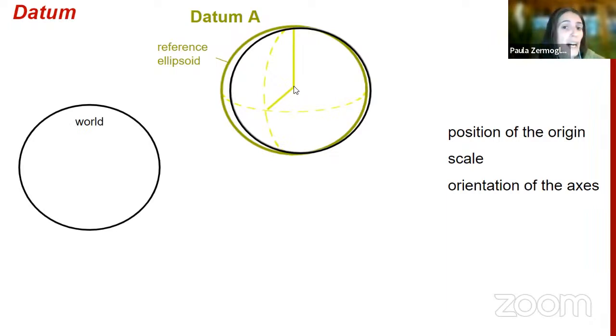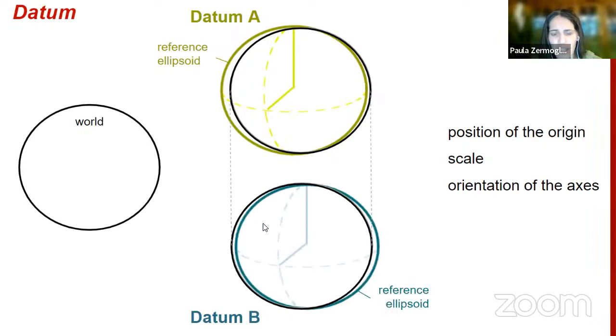If we were using some other datum, for example, this datum B is using another reference ellipsoid, and so it is defining the position of the origin, the scale, and orientation of the axis differently because it's using another reference. So each datum will have its reference, and hence it will define these three things differently.